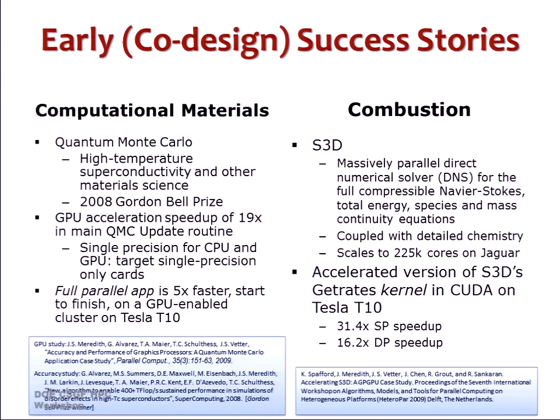There's a combustion S3D application where for the chemistry kernel we were seeing speed ups on the order of 16 to 31, and then overall application performance of about 2 to 3x, depending on what chemistry was being used. And so those numbers aren't dramatically impressive in terms of some of the speed ups you hear, 300x or something like that. But when you think about them from the power point of view, they are impressive because you can do a lot of the same work in less power.